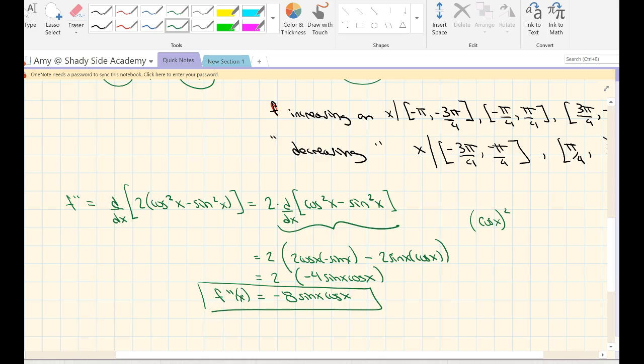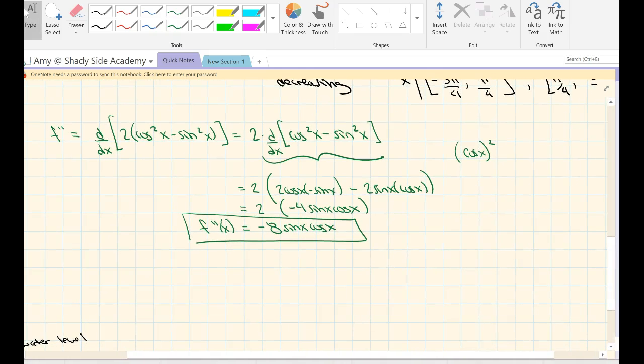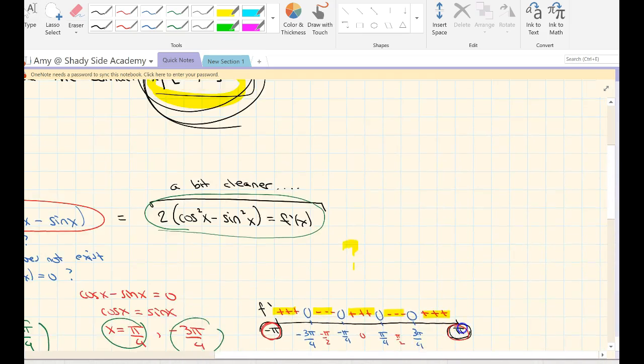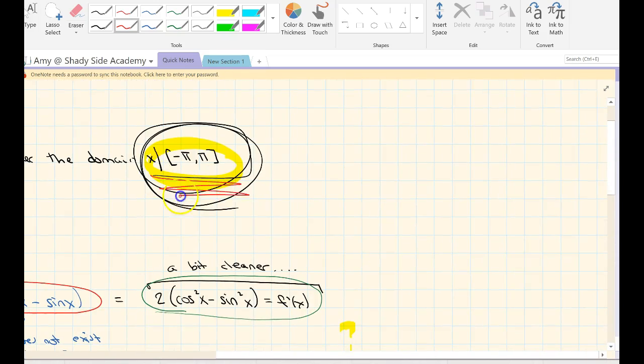Now, finding second derivative critical points. There are no points where the second derivative doesn't exist, but where are the points where the second derivative equals 0? Where will sine x equal 0? Where will cos x equal 0? Don't forget, it's only between negative pi and pi.